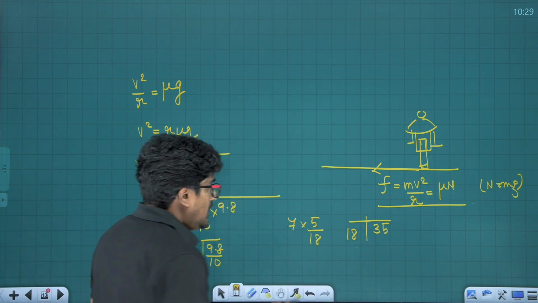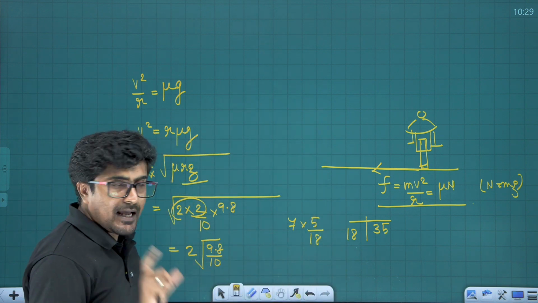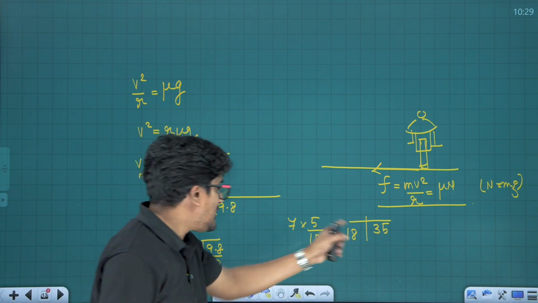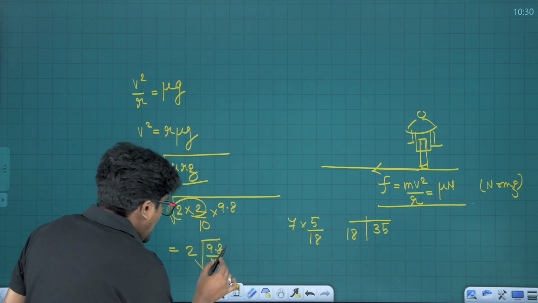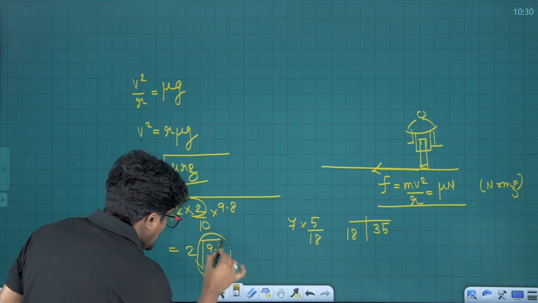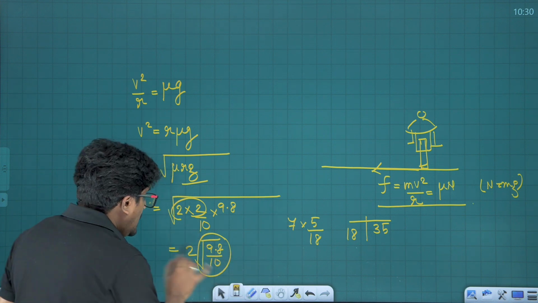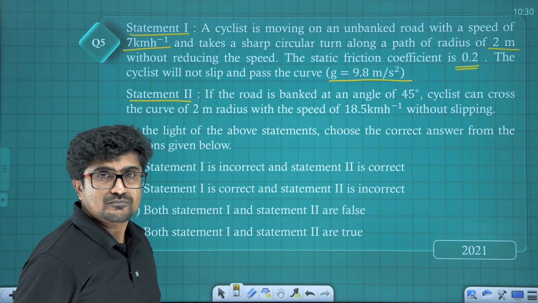Definitely this is a value which is less than 2, because 18 into 2 is 36. So definitely this is less than 2. Okay, and if you compare this one, statement 1 can be proved as true.